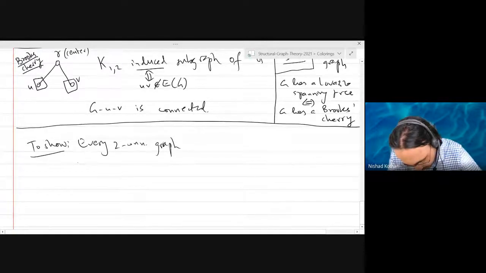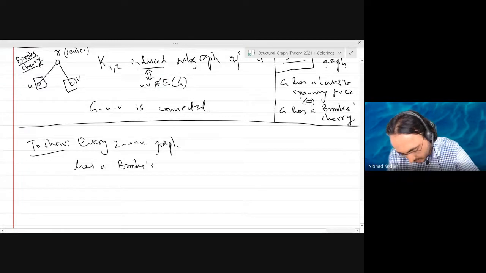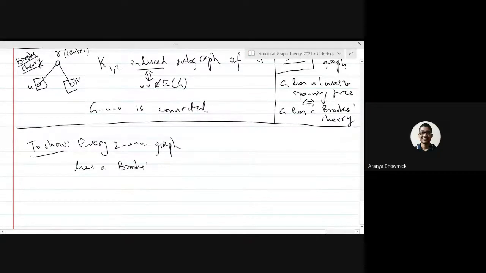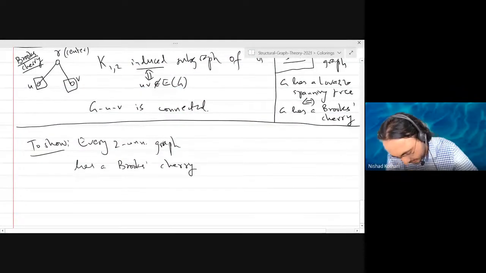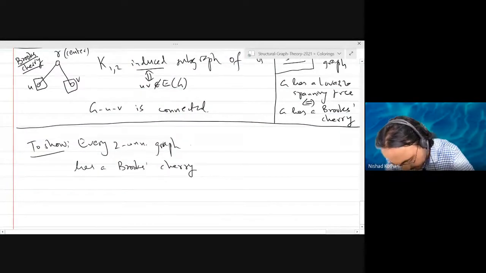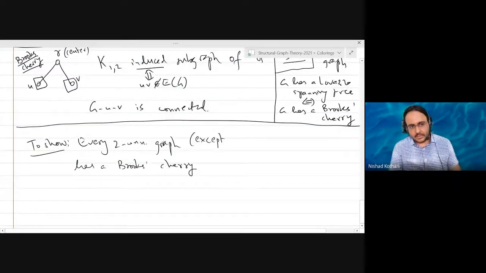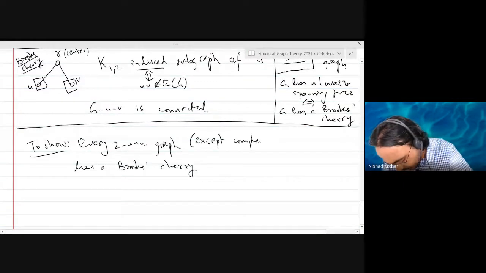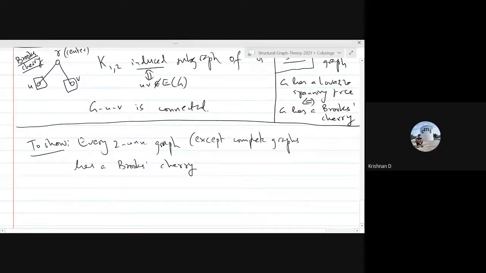Can somebody tell me what are the graphs that don't have a Brooks cherry? What are the two connected graphs that don't have a Brooks cherry? I think complete graphs is one such example. Complete graphs, okay. Complete graphs definitely don't have a Brooks cherry because you need two vertices that are not adjacent. So you don't have that in complete graphs. Except complete graphs, what else? Triangle.